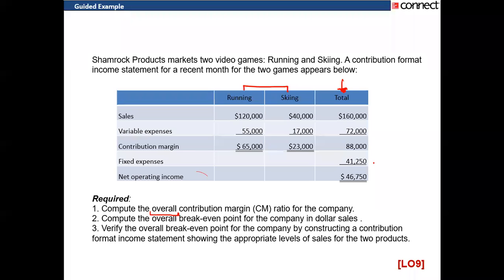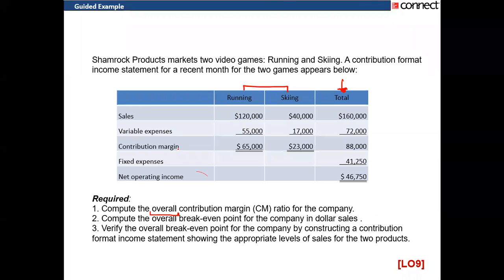So we have an overall contribution margin of how much from this table? How much, not the percentage. I'm asking for how much. 88,000.